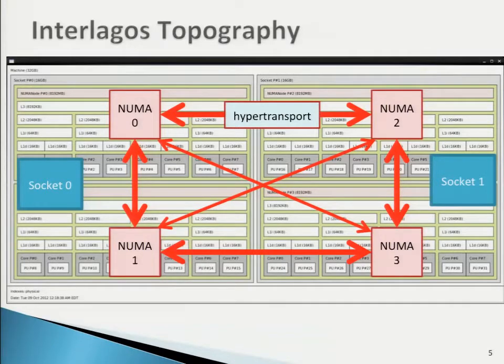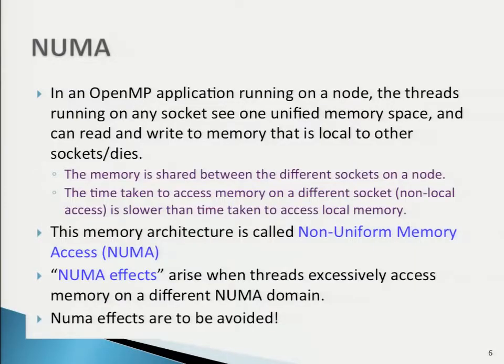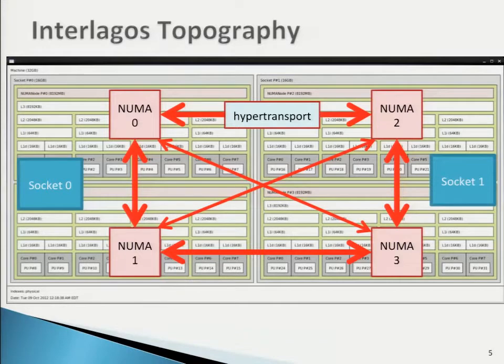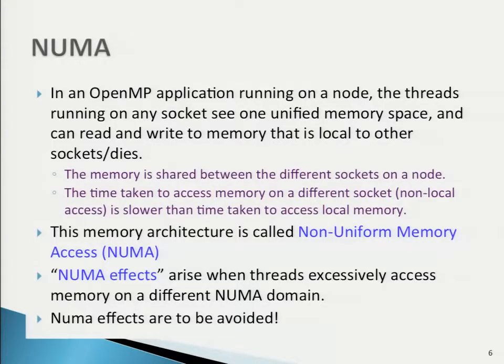Because you see, additionally, we have 2 cores here, and they actually share their L1 and L2 caches. So there's a lot more complexity in this design. And the final point is, you can't really expect to get very good performance on these sorts of architectures without having an understanding of what's going on when you start trying to run multiple threads in your application. So this brings us to the topic of NUMA.